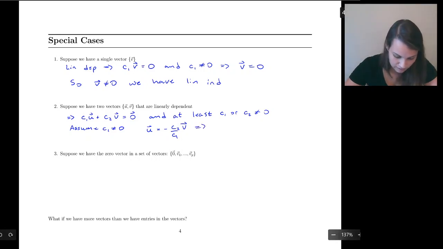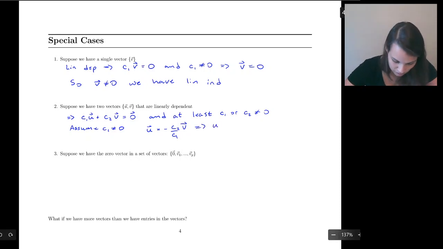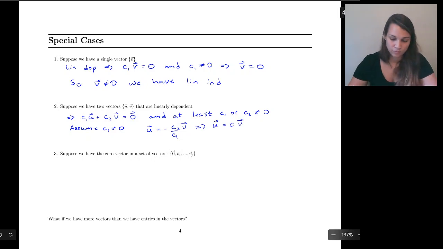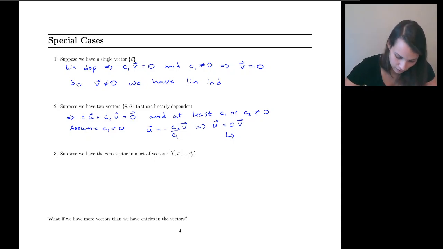So then, since C2 is a constant, C1 is a constant, you can just say U is equal to some constant times V. AKA, U and V are going to be linearly dependent if one of them is a multiple of the other one.